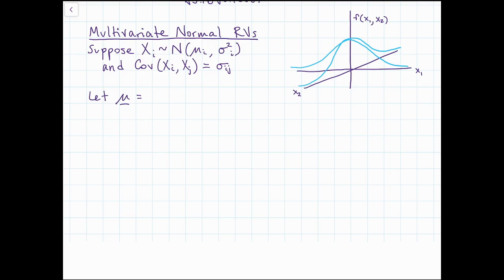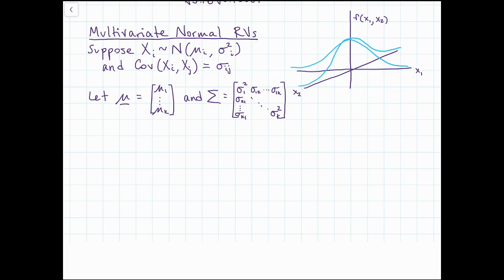And we're going to just define for convenience mu to be a vector of those means, and sigma, that's a capital sigma, to be the matrix of the variances down the diagonals and the covariances on the off diagonals. So this is sometimes called the variance covariance matrix, or just the covariance matrix, but essentially we're just taking all of the variances and covariances and piling them into a matrix to keep them all as one object.